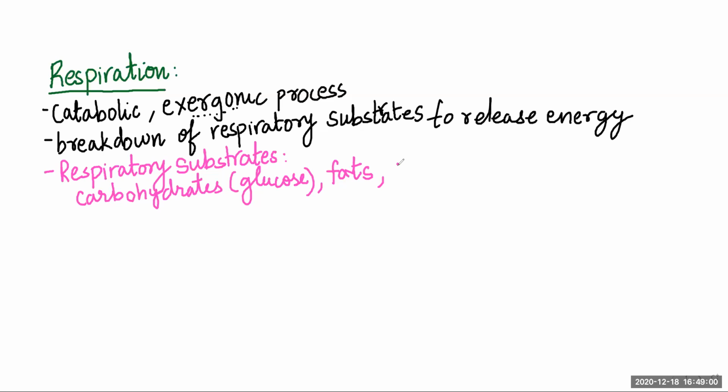If fats are not available, only then proteins will be used as the respiratory substrate. So proteins are always used as the last resort or as the last choice. So when will a cell try to break down proteins? A cell will break down proteins only when carbohydrate, fats are not available.